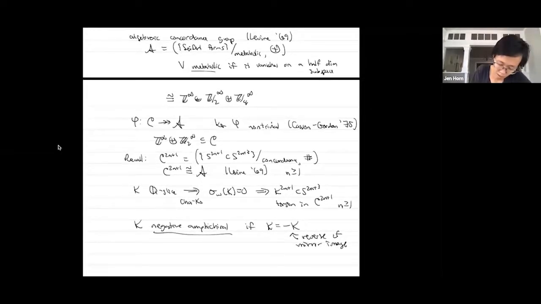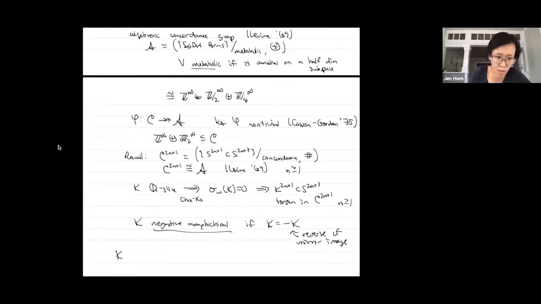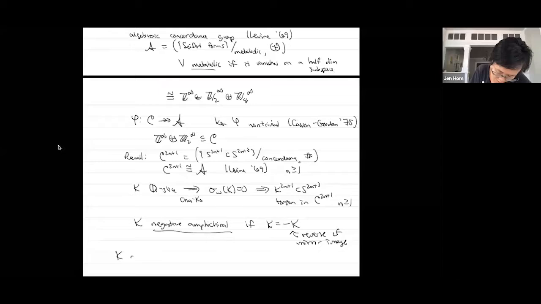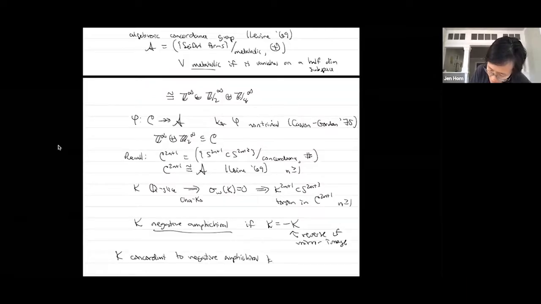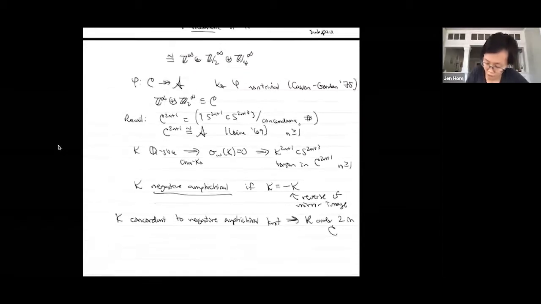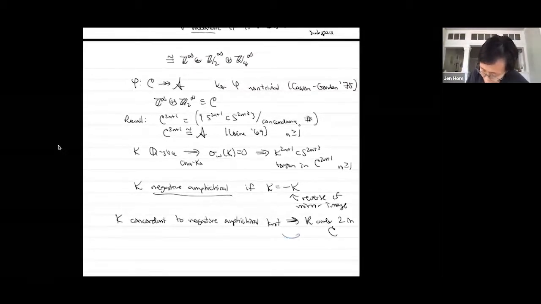Any negative amphichiral knot, or more generally, any knot that's concordant to a negative amphichiral knot, is going to be order 2 in the concordance group because it will be its own inverse. So if K is concordant to a negative amphichiral knot, this implies that K is order 2. Great, and so the converse is open.